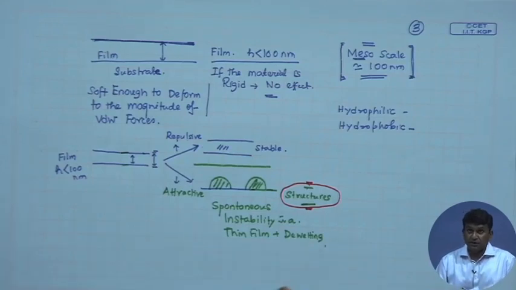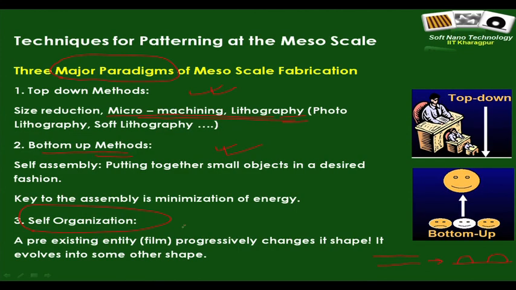So, this can be a novel approach, and in fact, this is what is known as self organization, and as you will understand when I go into a bit of detail, it applies for both bottom up and top down approaches, bottom up as well as self organization approaches. These bottom up approaches often are referred to as the self assembly approaches.